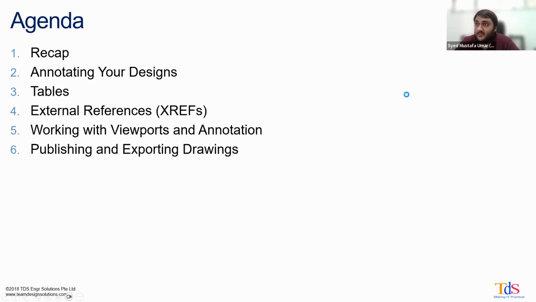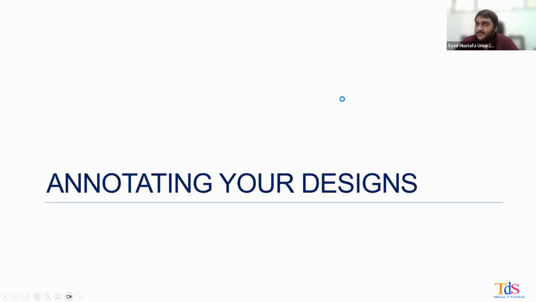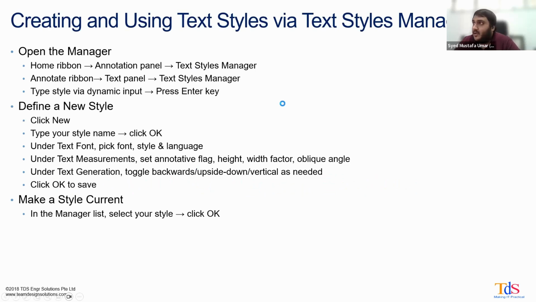So let's start with the first one, annotating your designs. As we've seen with other tools as well, there is generally a manager and also an explorer. They kind of do the same, but look a little bit different. You'll see the same for using text styles.